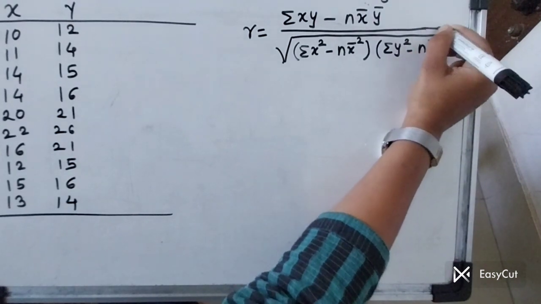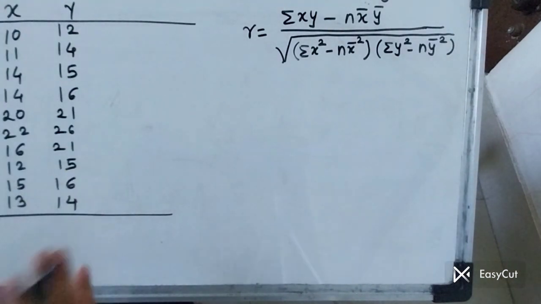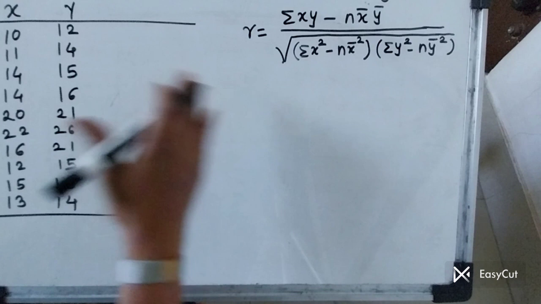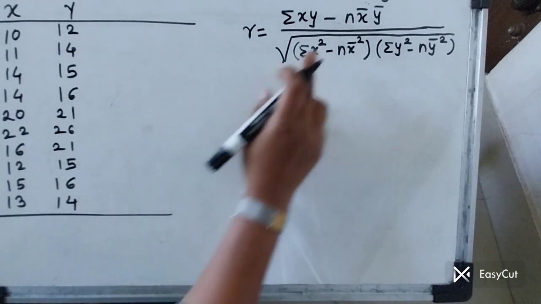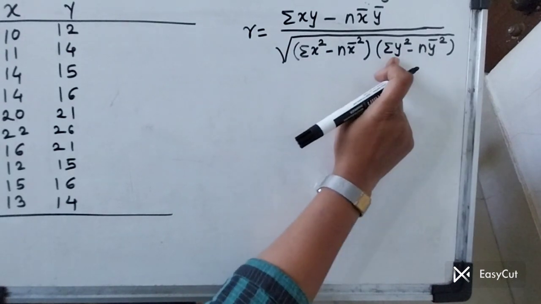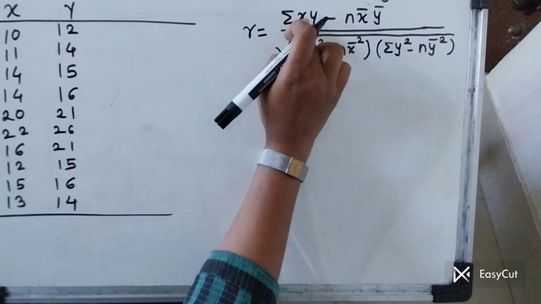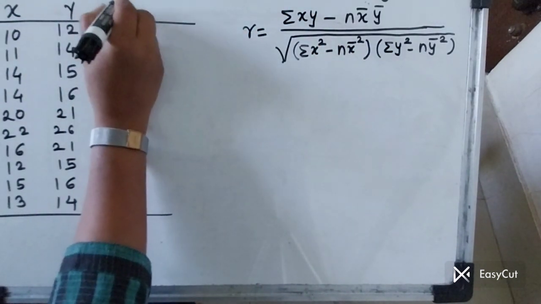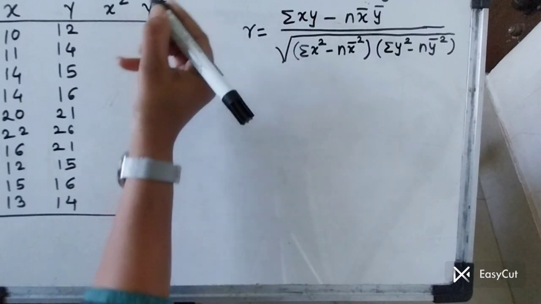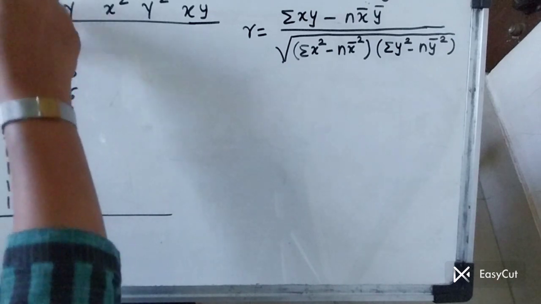This is my formula. According to the formula, I prepared the table here. What we require, just prepare in the table: x square, y square, and xy, the product of these two. So prepare the columns x square, y square and xy, and their summation.